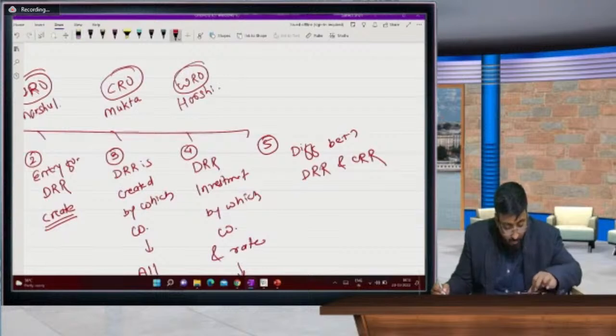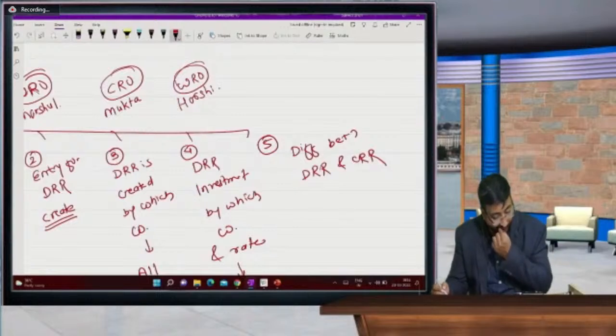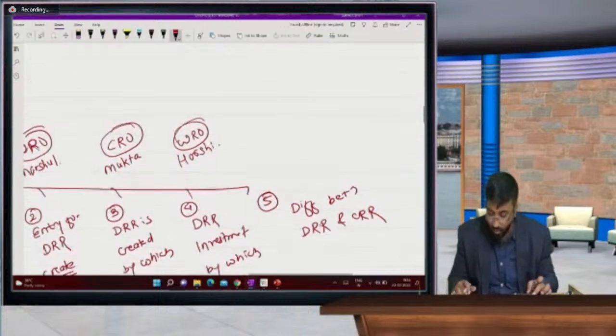Fasida, you are wrong, beta. All companies. Fourth का आंसर. And last one by WRO again.